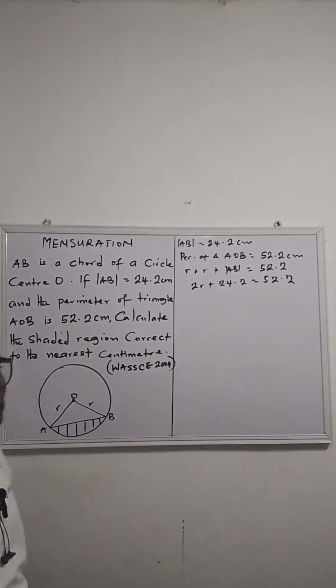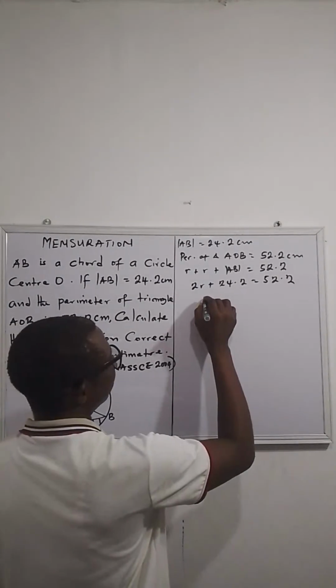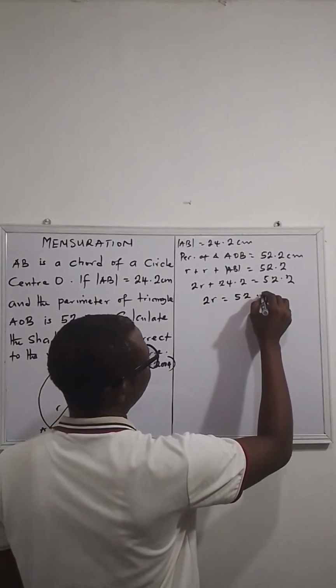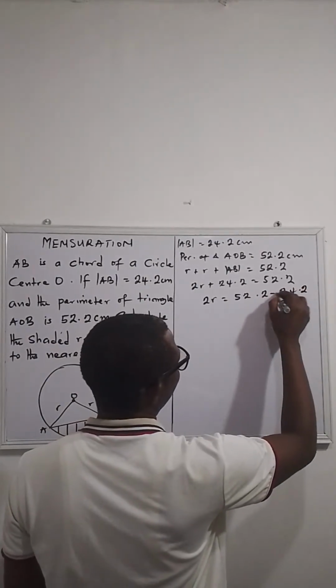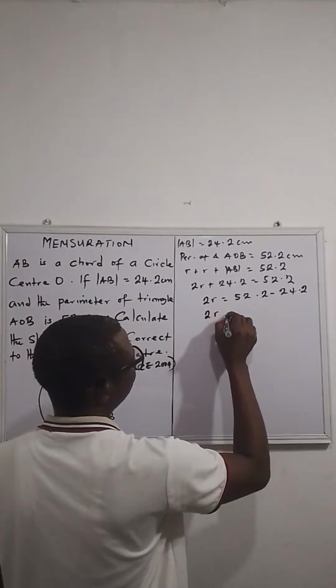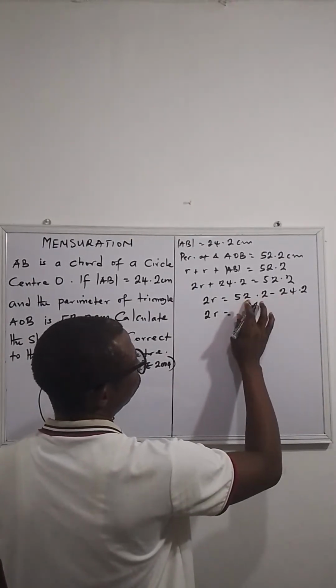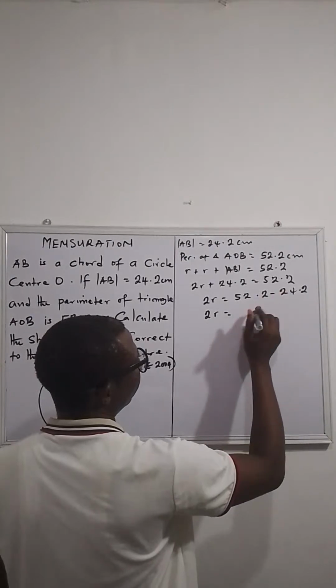Now what do we do? We subtract 24.2 from both sides. We have 2r equals 52.2 minus 24.2. 2 minus 2 is 0, 12 minus 4 is 8, we have 4 left, 4 minus 2 is 2.